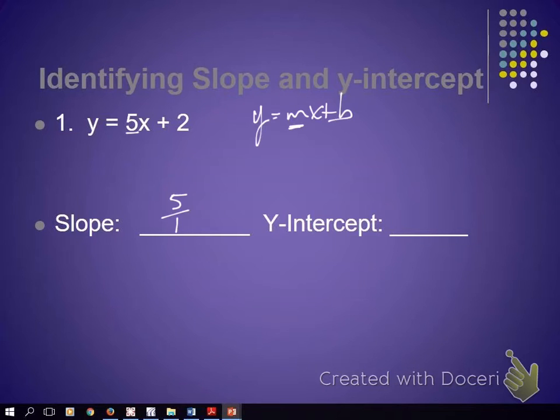Or we like to see slope as a fraction, 5 over 1, so we can see that ratio of the vertical change to the horizontal change. But we understand that when we write that in an equation, we very often drop the denominator since it's a 1. The y-intercept is just 2. That means that the graph crosses the y-axis at 2.